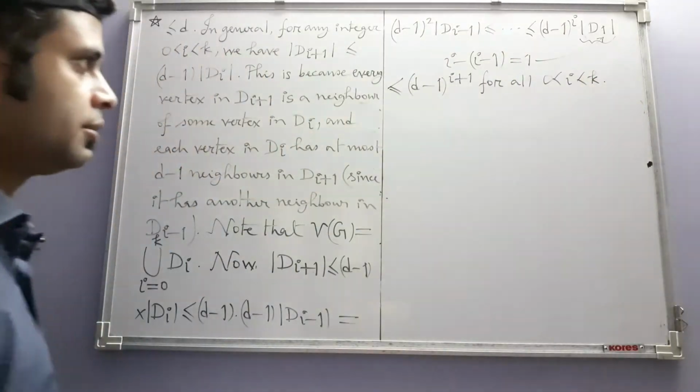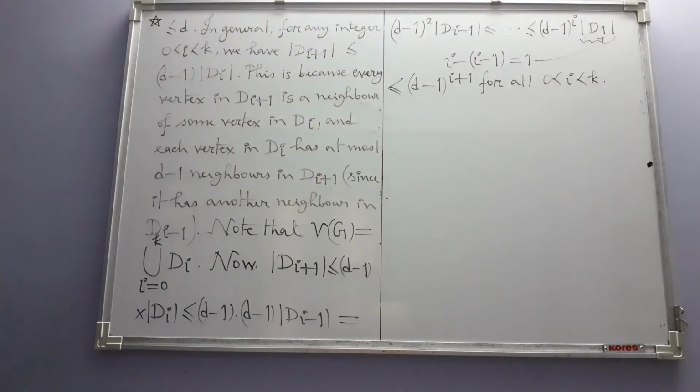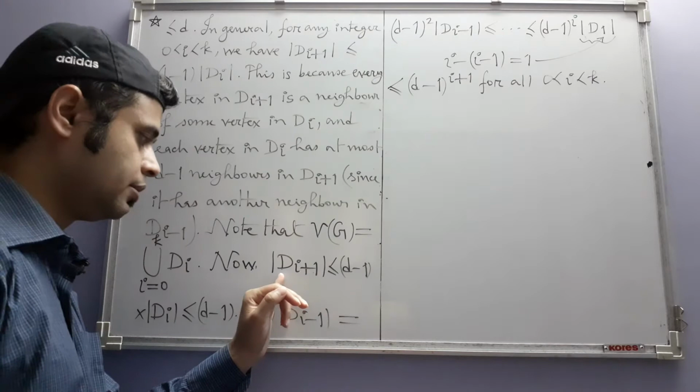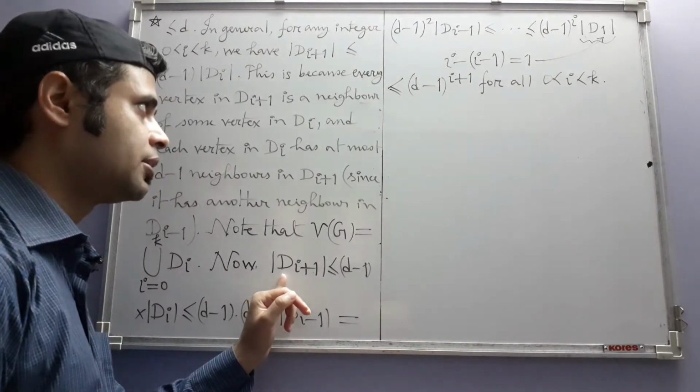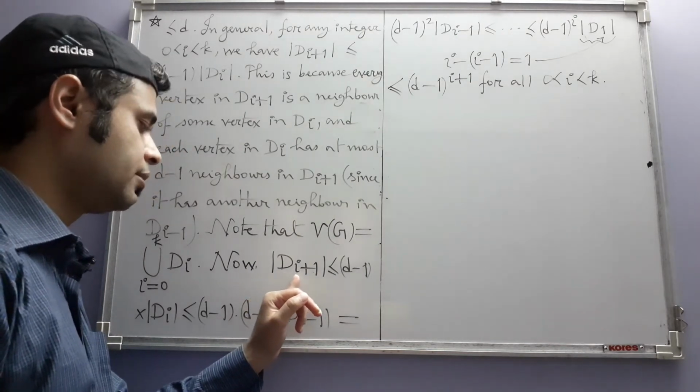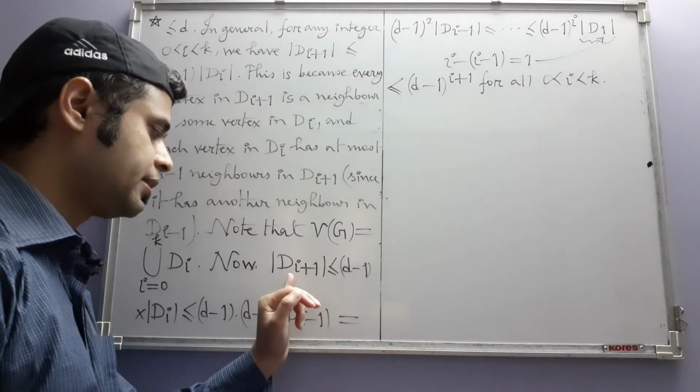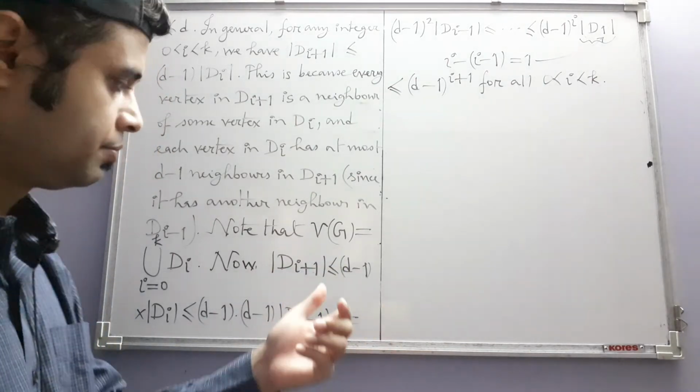What happens when we take i equal to 0? What happens to this inequality? When we take i equal to 0, then here the set is D1.